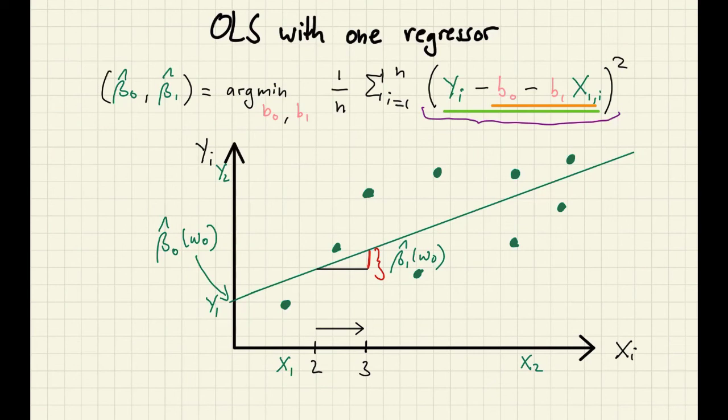Therefore, you don't really have to worry much how this optimization problem is solved numerically. Still, for the special case of OLS regression with just one regressor, I'll give you a formula to compute the estimated slope coefficient beta 1 hat. In this course, we'll use that formula sometimes to illustrate some mechanisms. However, you will never ever apply this formula in econometric practice.